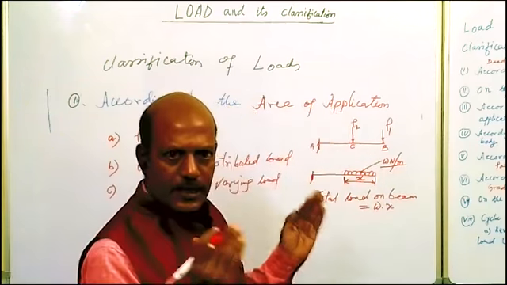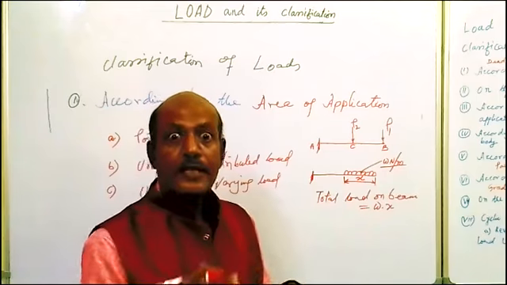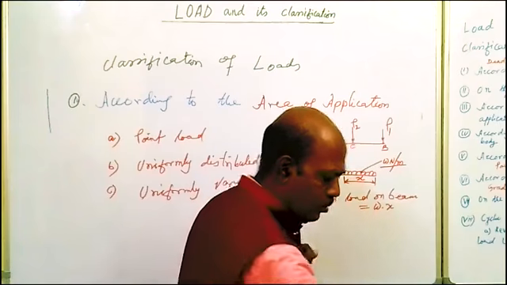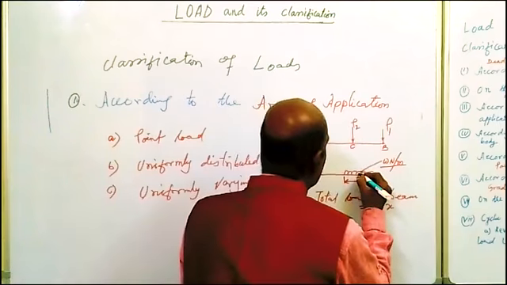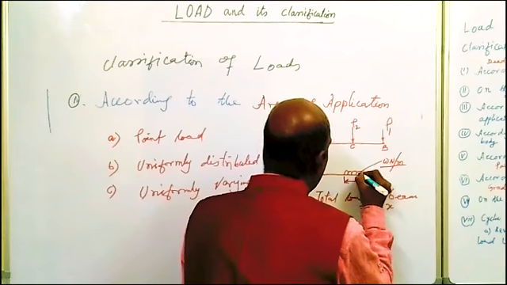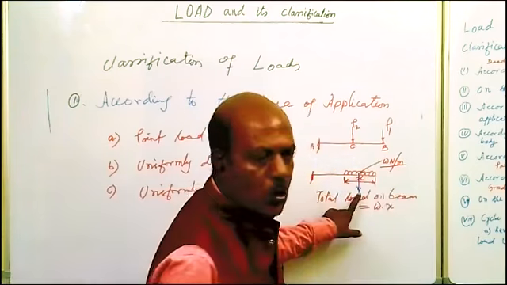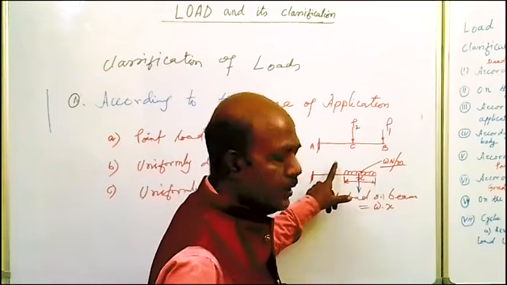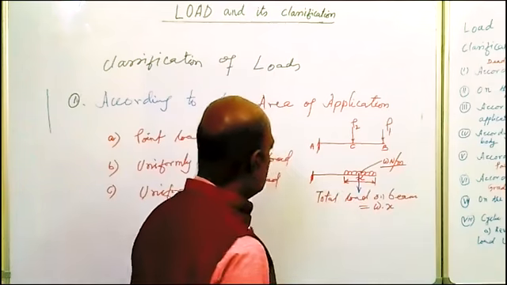And if we consider this UDL, uniformly distributed load, as a point load, then it will pass through the center of gravity, that is exactly at the center of this length. So if we consider uniformly distributed load as point load, what is the magnitude?